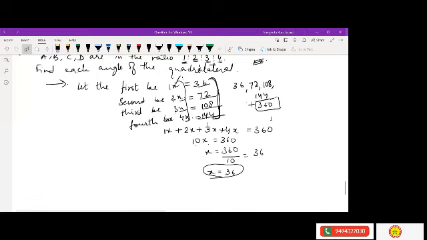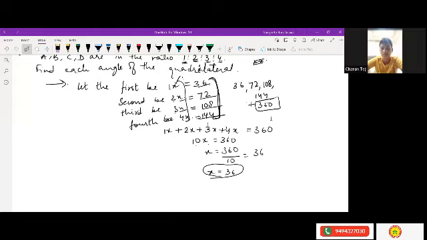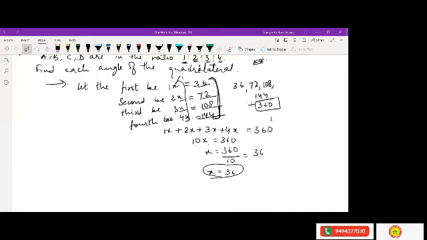Charan Tej, you were asking the question yesterday, of the previous last week's exercise, question 4, 5. I have to clear that also. Just a second. Okay, just let me check.